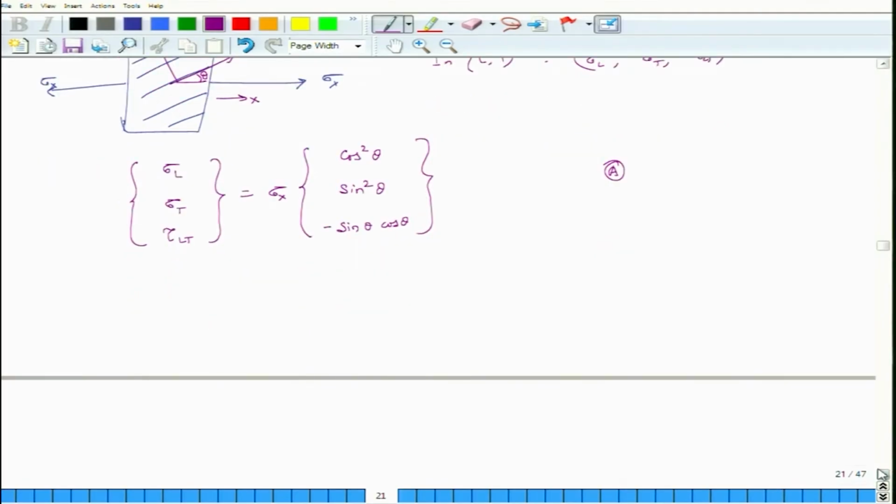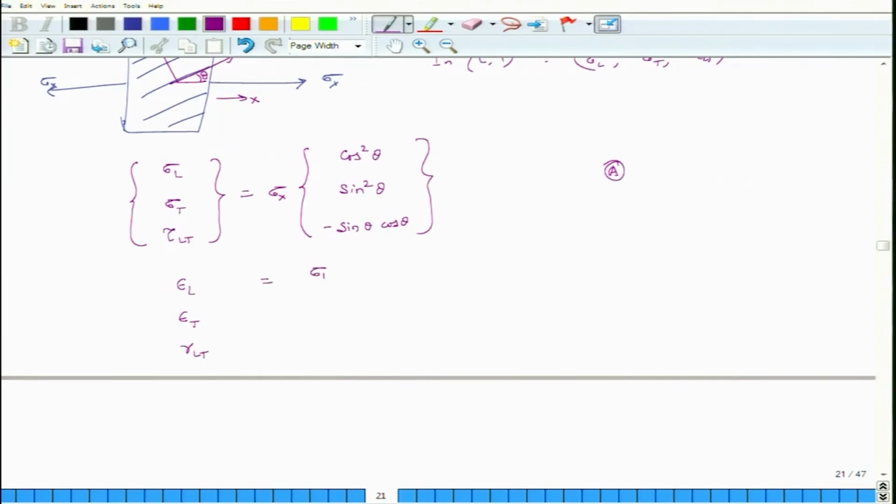Now, we know the stress strain relationship between sigma L, sigma t and tau LT, right. So, if I have to calculate epsilon L, epsilon t and gamma LT, then what is this?